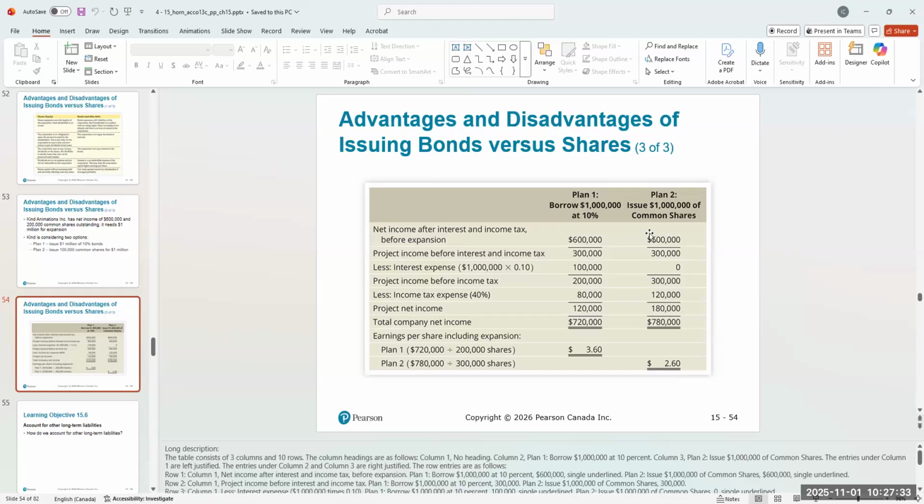Plus the 600,000, which is currently ours, our projected income is going to be $780,000. Divided now not by the 200,000 shares but by 300,000 shares, because we already issued 100,000 shares, our earnings per share is $2.6 per share.